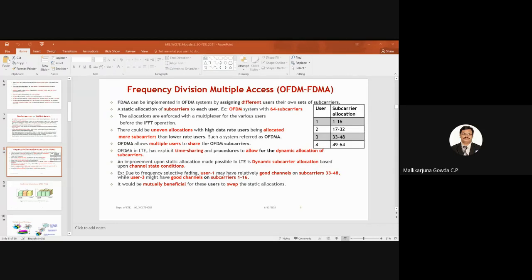In case of LTE, this OFDMA has explicit time sharing and procedures to allow for the dynamic allocation of subcarriers. This is with respect to LTE.